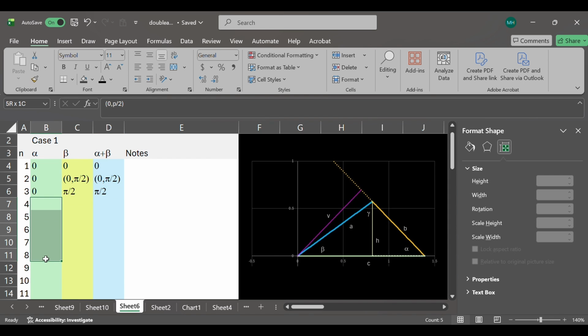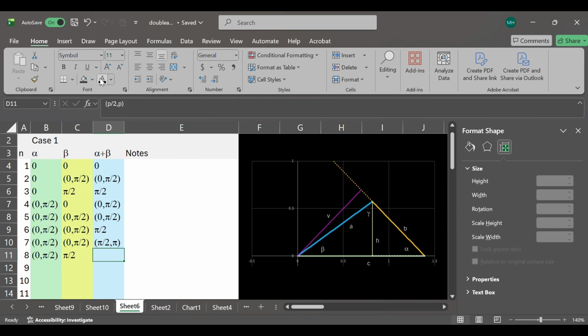Then there's 5 cases where alpha is acute. Beta could be 0, and therefore the sum is acute. Beta could be acute, and the sum could either be acute, it could be 90, it could be obtuse. Then beta could be 90, and the sum would be obtuse.